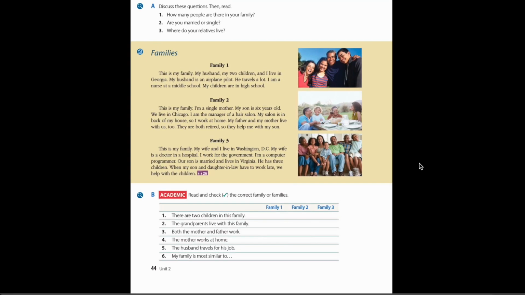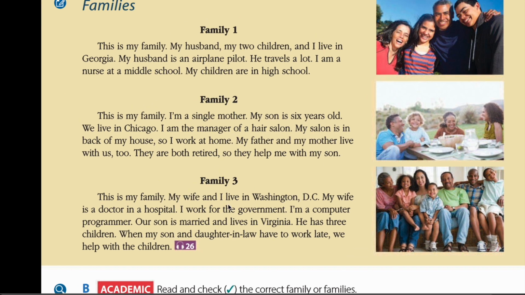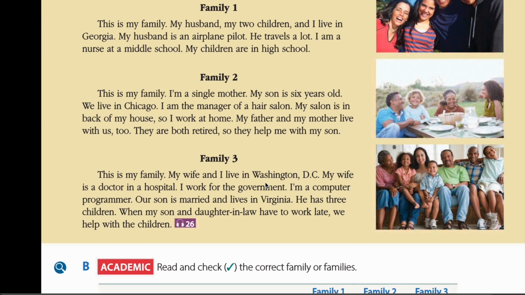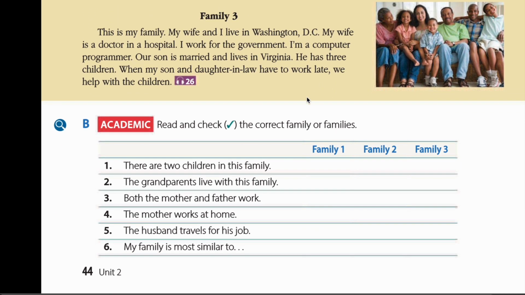So the next activity is a reading activity. This is basically about 3 different families. They share common things, you know. Others, they're different in some ways. So we're gonna compare. So you're gonna read this article about 3 families. Then you're gonna check the correct family or families.